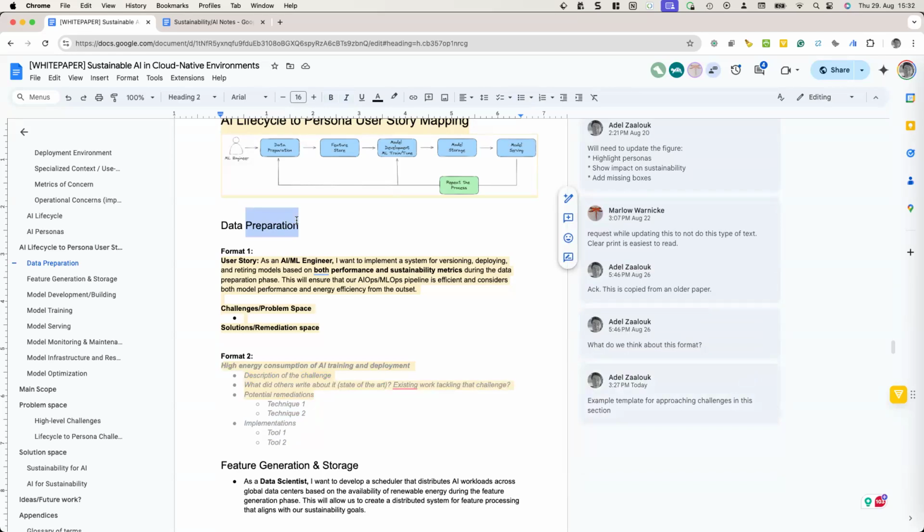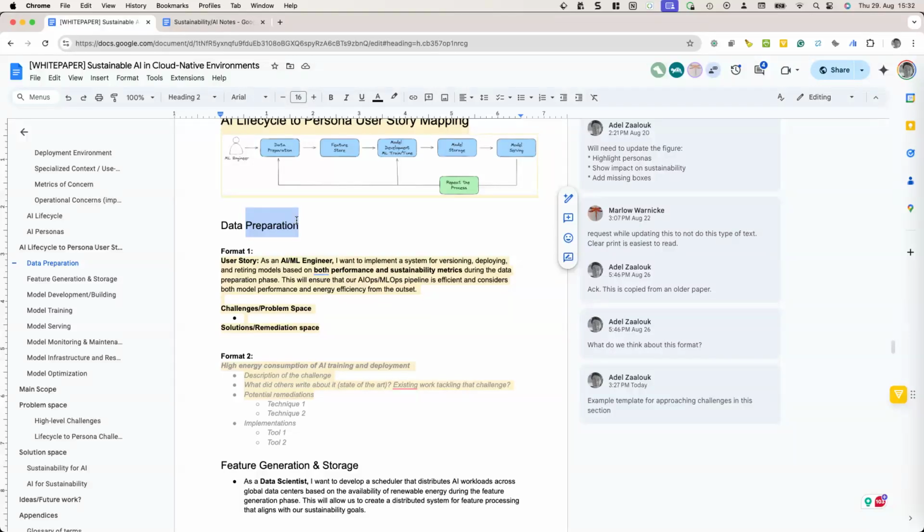During data prep, these are the problems that we're seeing. This is what other people have seen during data preparation and pre-processing. Here are some potential remediations and techniques that can be followed. And here's this nice tool that gets us to solve it or use it in production. That would be my 2 formats I can propose.